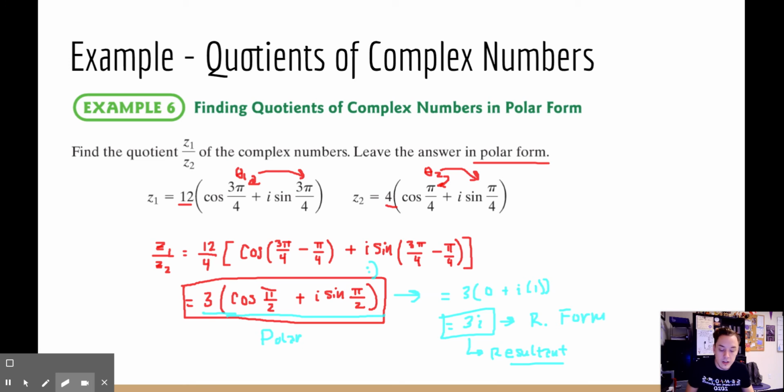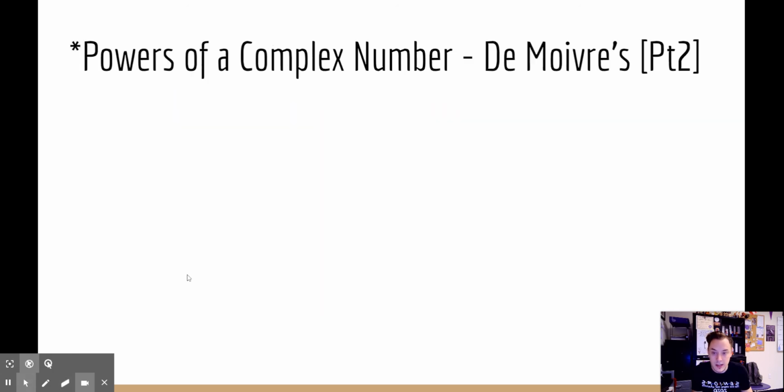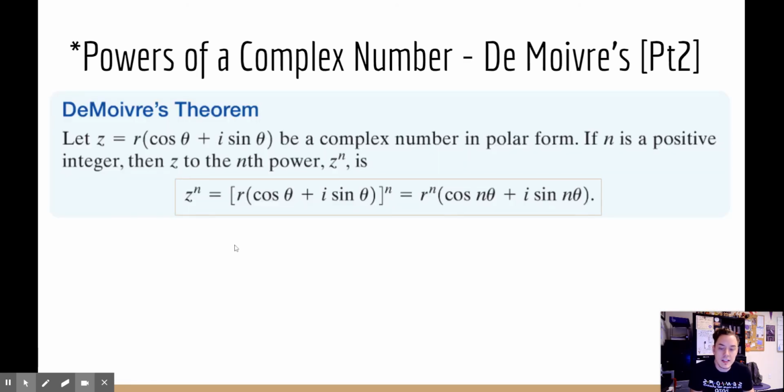We will go through a little bit more complex stuff called powers. Powers of a complex number. Are you ready? Powers of a complex number. What is it? Okay. So this is the powers of a complex number. It is the pinnacle of De Moivre's theorem.